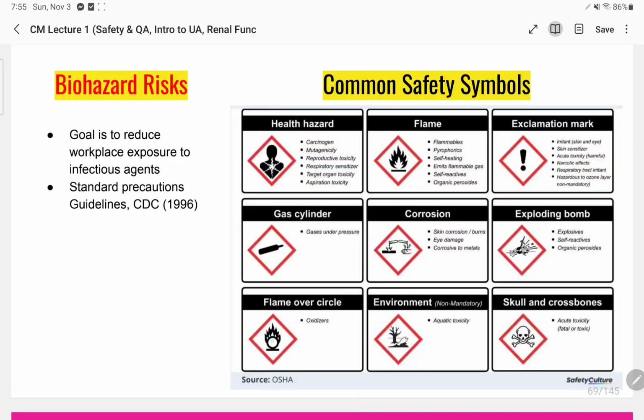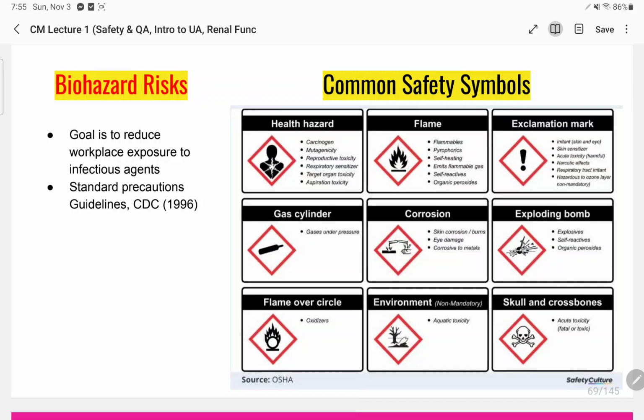Kaning flame over circle, this is for oxidizers. Kung flame lang sa babaw, ito mga flammable materials. If naay circle, oxidizer. Environment, though non-mandatory siya, aquatic toxicity, meaning if maabot siya sa environment, sa water, pwede siya makapatay sa mga isda or any other living creature sa dagat.